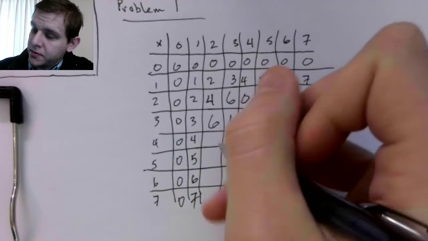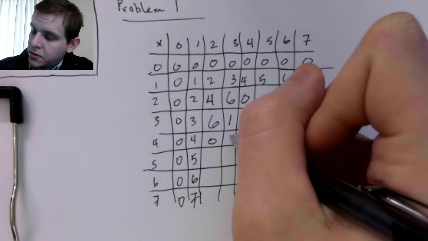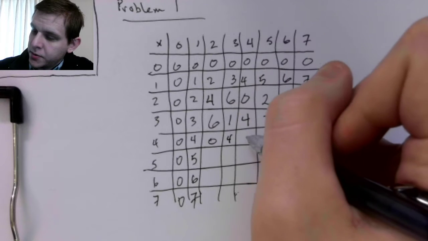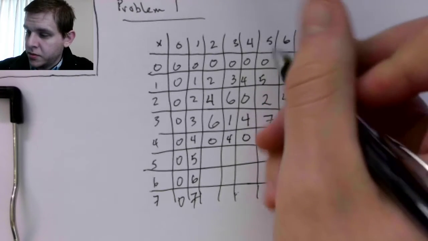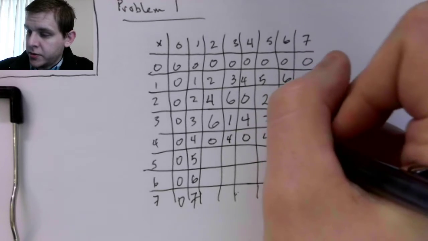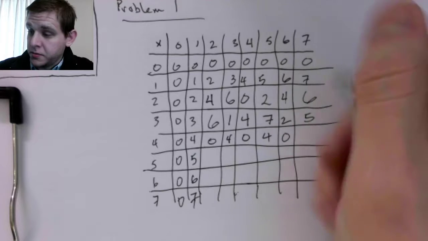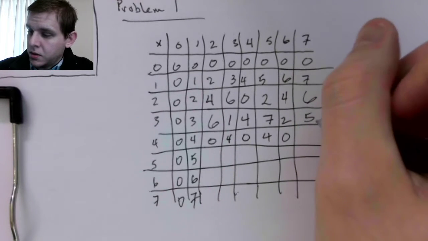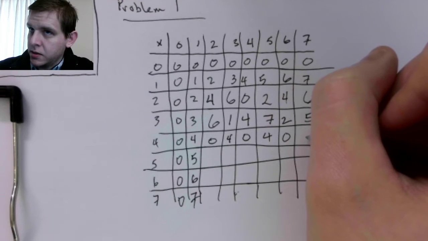Then 4 times 4 is 16, which is 0. 4 times 5 is 20, which is 4. 4 times 6 is 24, which is 0. 4 times 7 is 28, which is 4.